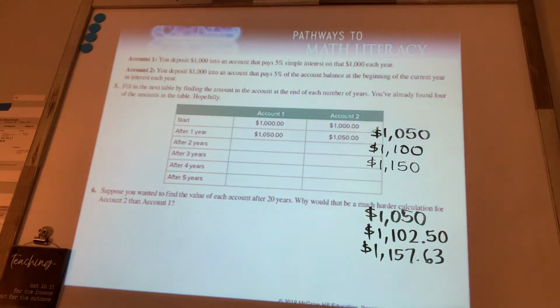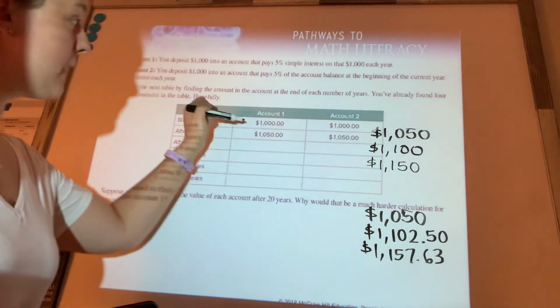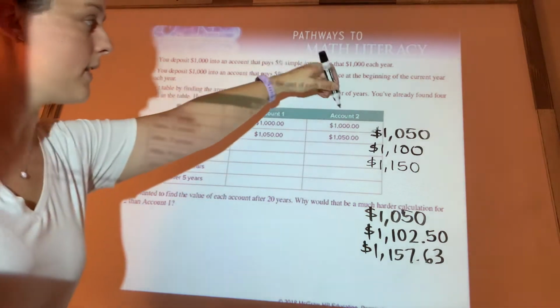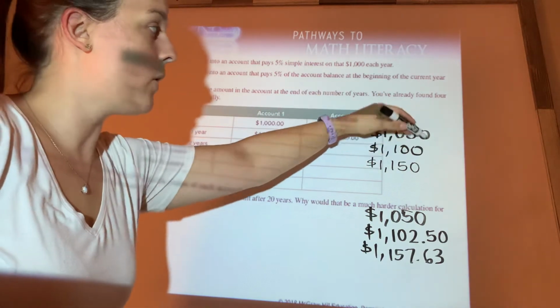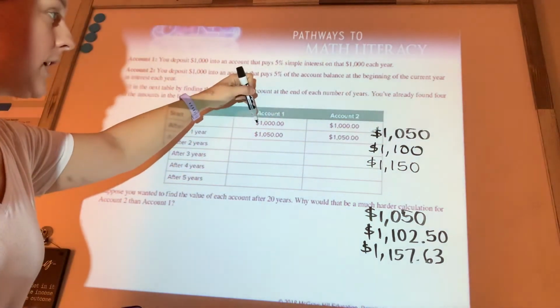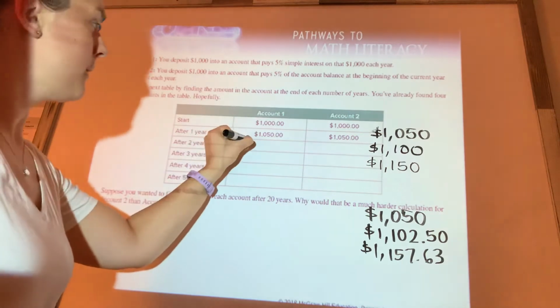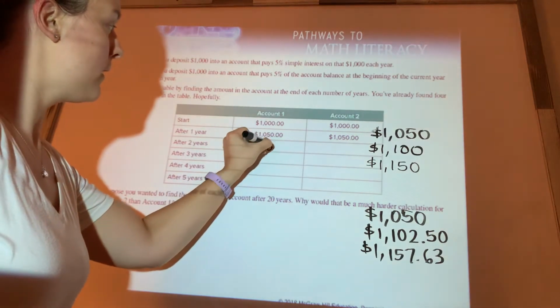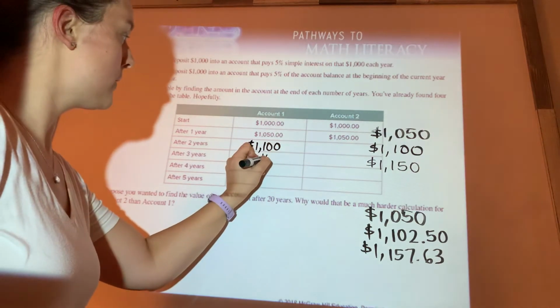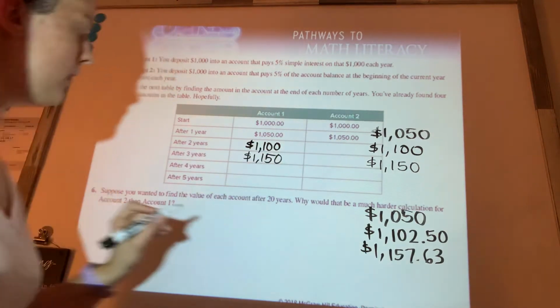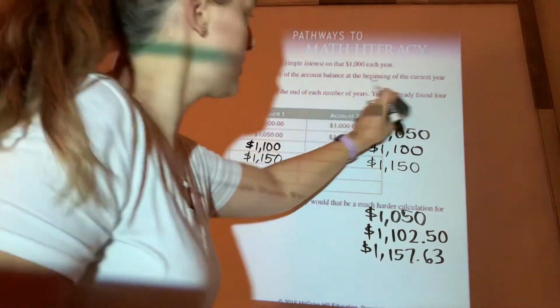All right, so I'm going to fill in these amounts in the table. So this is account 1, this is account 2. So remember, this was from number 3, this was account 1. So we started with 1,000, then we got 1,050, then we got 1,100, then we got 1,150. Okay, so I can erase those.